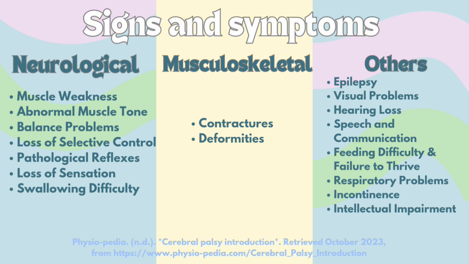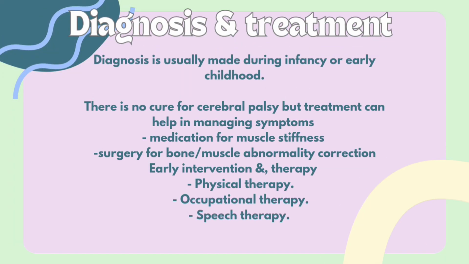Musculoskeletal issues are usually contractures and deformities. Other problems may include epilepsy, visual problems, hearing loss, speech and communication, feeding difficulty and failure to thrive, respiratory problems, incontinence, and intellectual impairment.